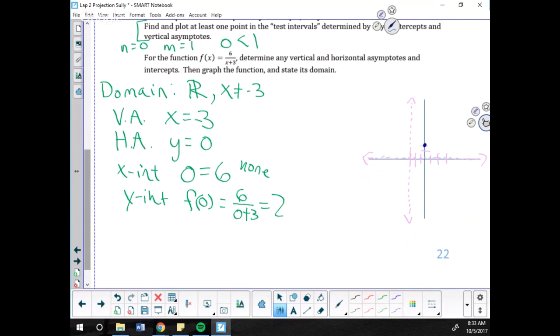On this right-hand case, see how we have a point in this upper area? Our graph does not want to cross over the horizontal asymptote, and it does not want to cross over the vertical asymptote, but it wants to get close to it. Since we know we're already in the top area, we can just make a line towards our vertical asymptote and towards our horizontal asymptote, and we have it covered.